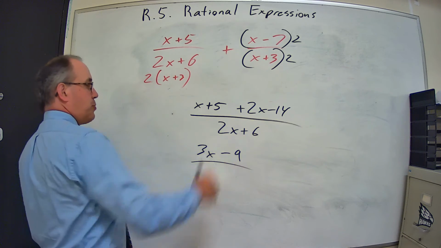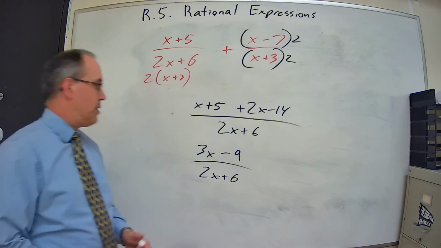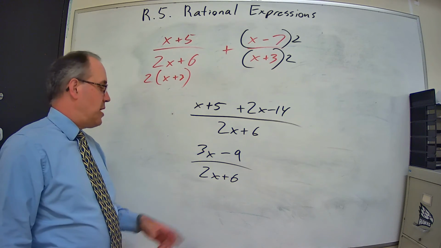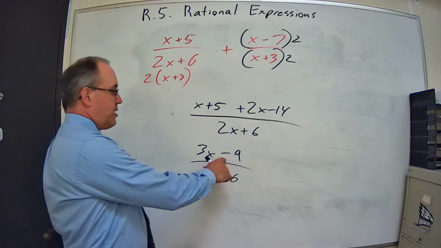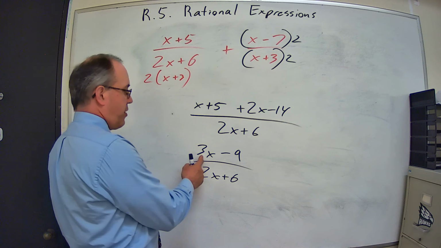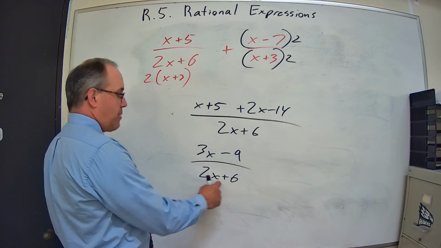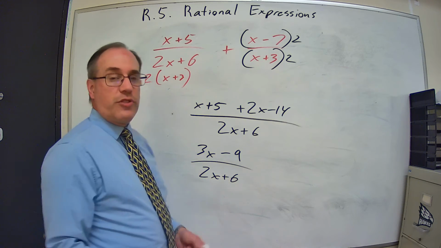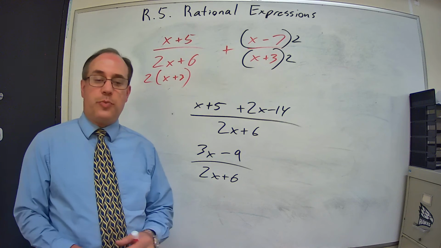We have 2x plus 6. So 3x minus 9 over 2x plus 6. And we can check and see, can we factor anything more out? If we factor out a 3, we get 3 times x minus 3. Here we get 2 times x plus 3. So there's nothing we can do to simplify this expression.